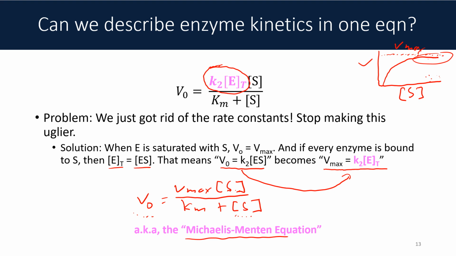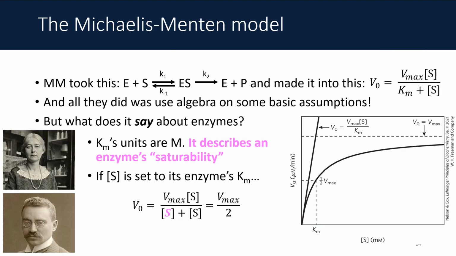You do not have to memorize the entire derivation that we just did, but you do need to know this equation and the assumptions required to get us to this point. The Michaelis-Menten model is a simple but beautiful way to capture this complicated reaction equation that we started out with and reduce it into a relatively tame formula.